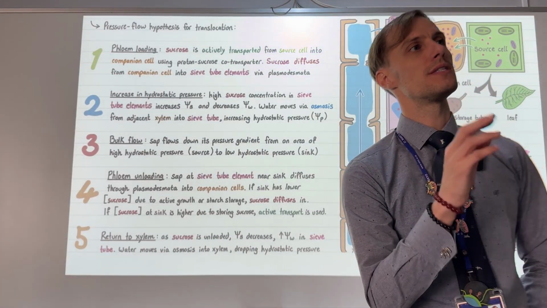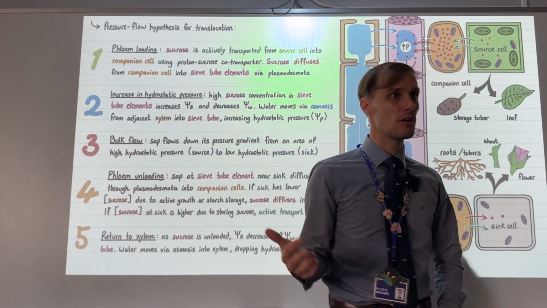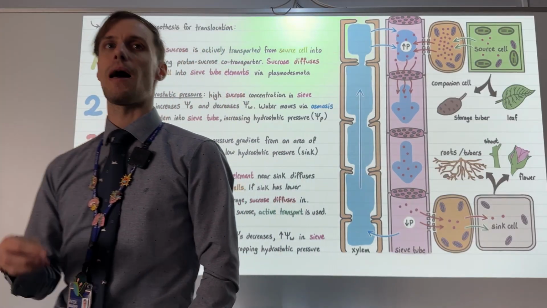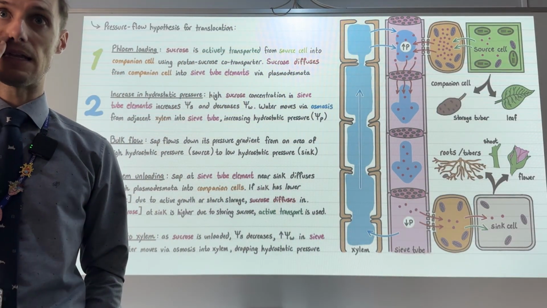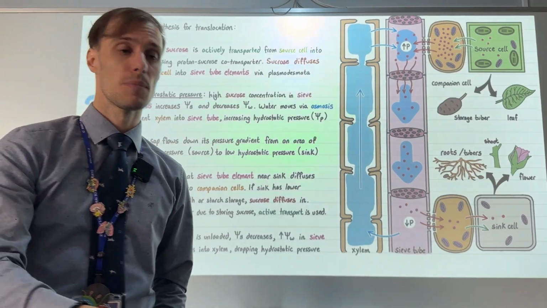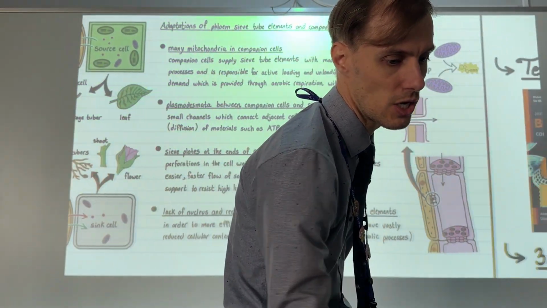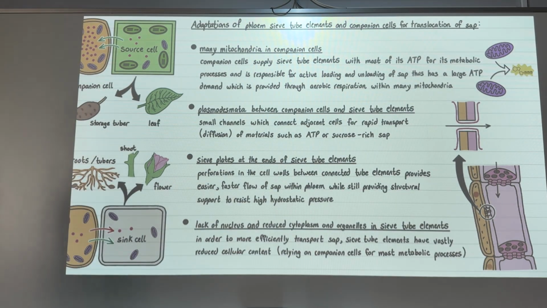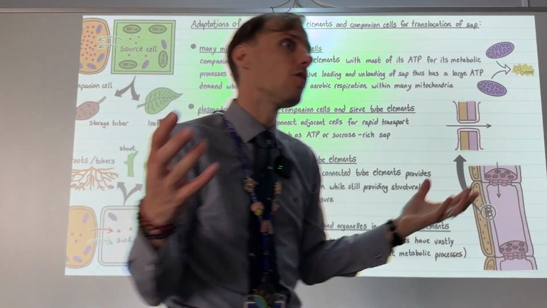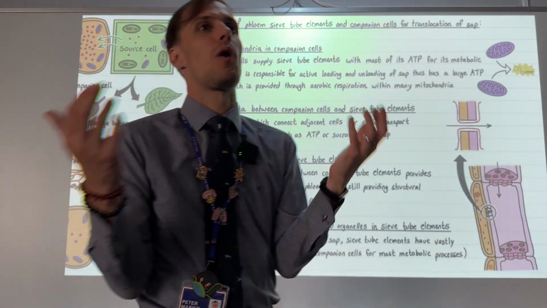Now, just like we did when we looked at transpiration, we discussed what are some adaptations that xylem have that allow this to happen. Let's do the same thing for phloem. So what adaptations do these cells have that allow translocation to occur? Well, think about all of the active transport that was required here.